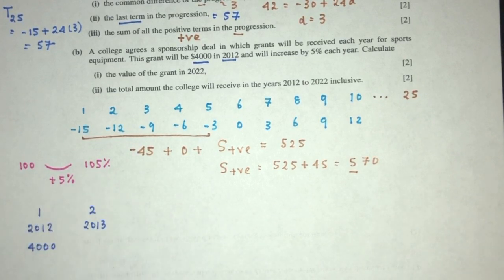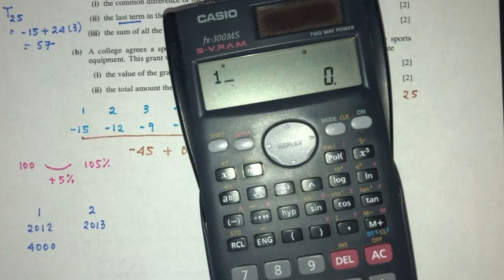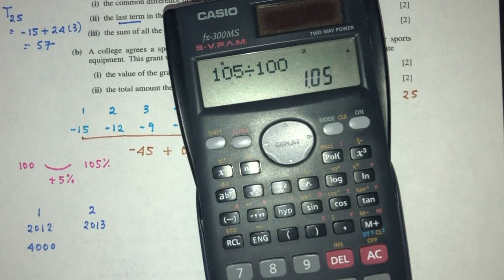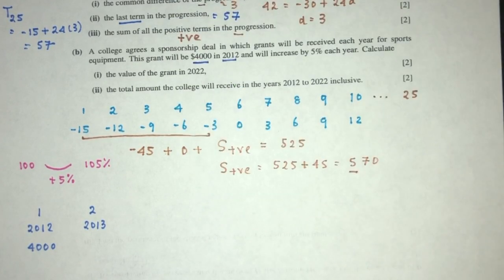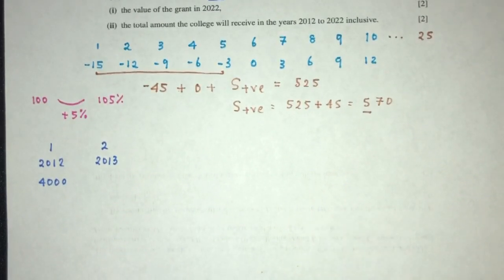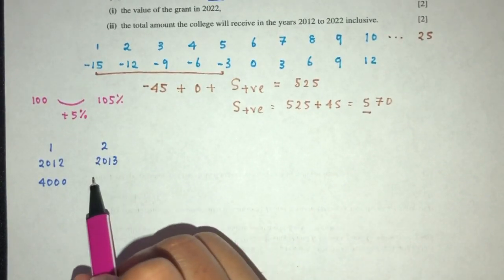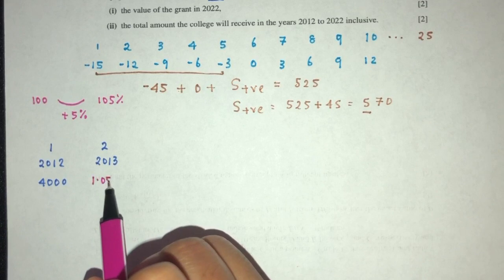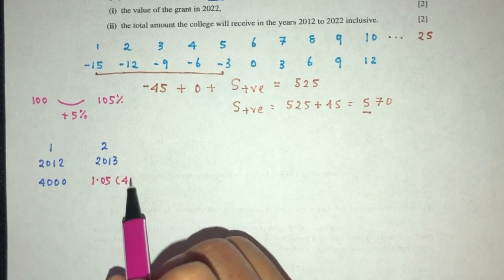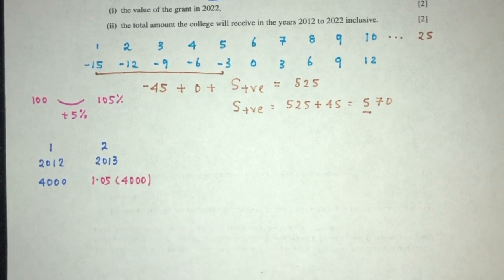Now what is 105%? It is simply 105 divided by 100. That will be 1.05. So the idea behind this is, how do you get this term? You will take 105%, times the initial amount to get the term for this one. So this will be 4,200.